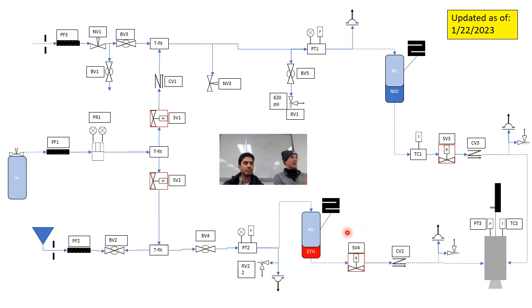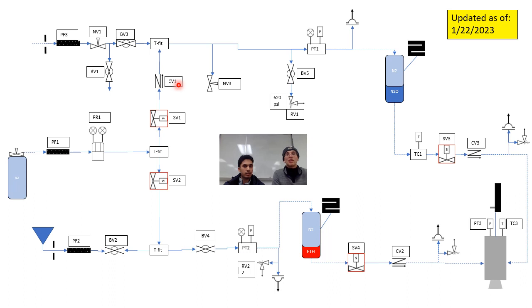Okay, so back to the nitrogen process. We're going to open all these valves, except for SV1 and SV2. That means NV1, BV1, BV3, NV3, BV5, CV. CV1 is a check valve, so that's not something that we actually control.